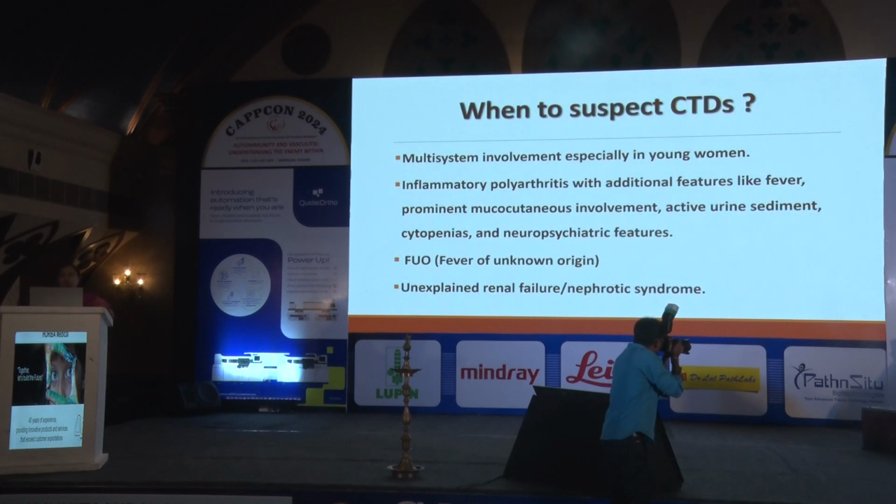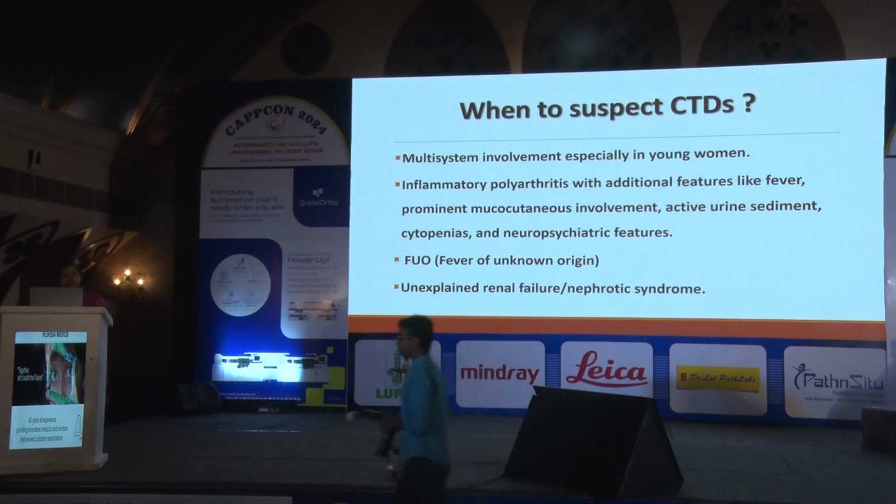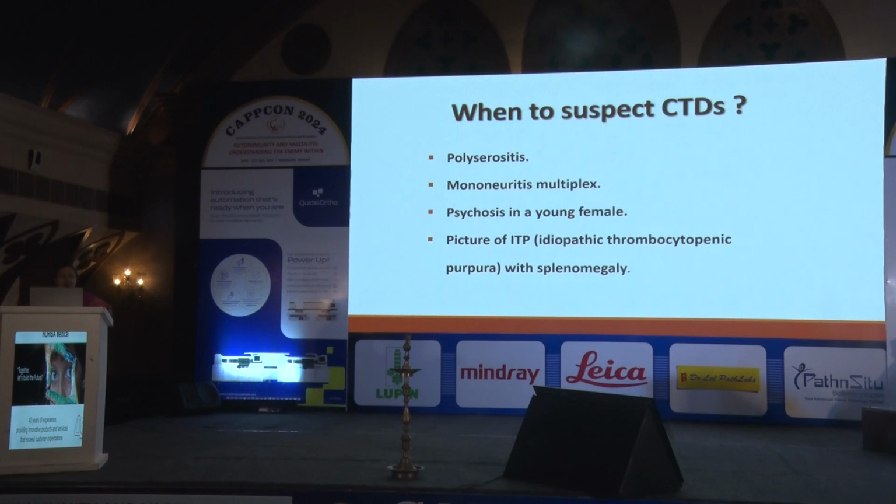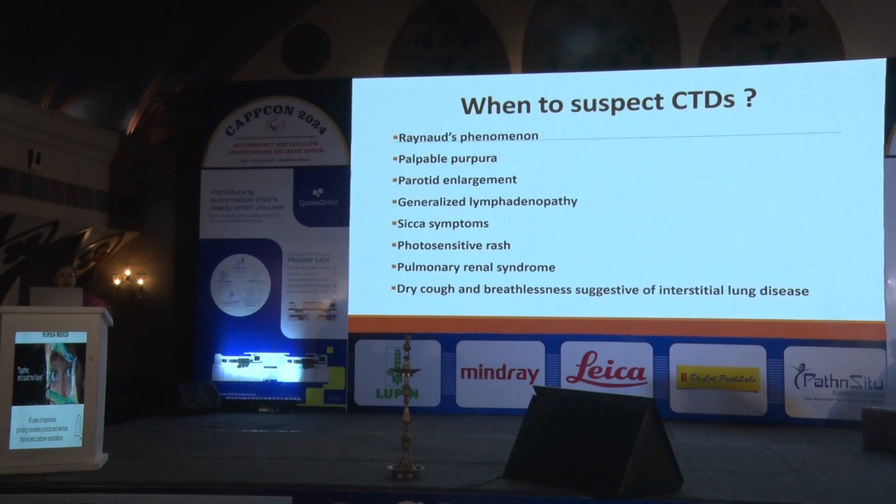So the clinical recognition of this CTD requires a high clinical suspicion because of the heterogeneity of the presentation and multiplicity of the organs involved, like skin, mucous membrane, joints, lungs, kidneys, etc. So one should suspect the connective tissue diseases in the following situations, especially with multi-system involvement, especially in young women: inflammatory polyarthritis with additional features like fever, prominent mucocutaneous involvement, active urine sediment, cytopenias, neuropsychiatric features, fever of unknown origin, unexplained renal failure, polyserositis, psychosis in young female, picture of an ITP with splenomegaly, Raynaud's phenomenon, palpable purpura, and the list goes on.